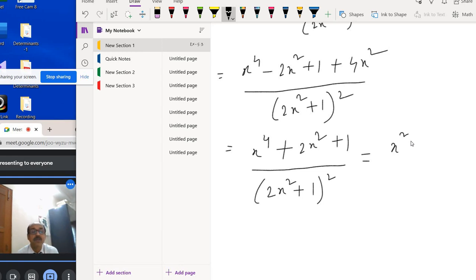So the right hand side is x square plus 1 whole square divided by 2x square plus 1 whole square. Okay, so this is the right hand side.